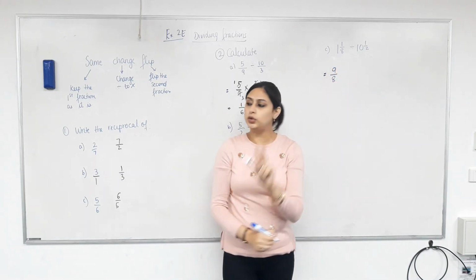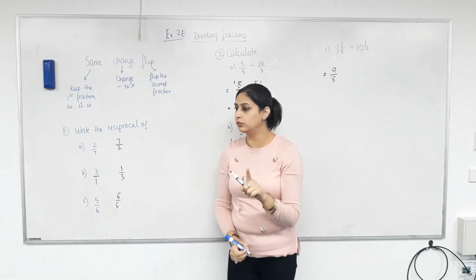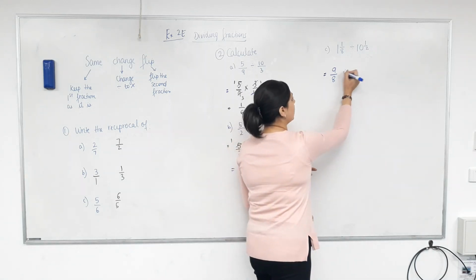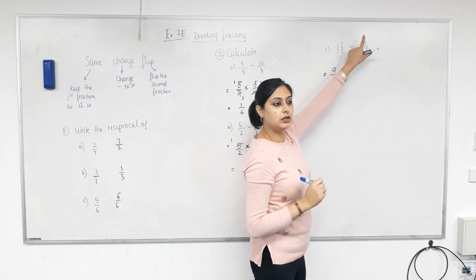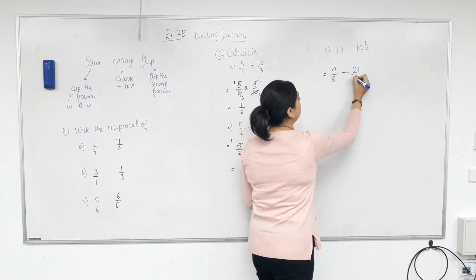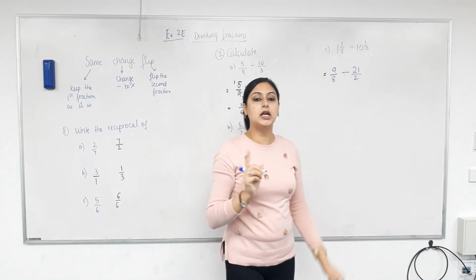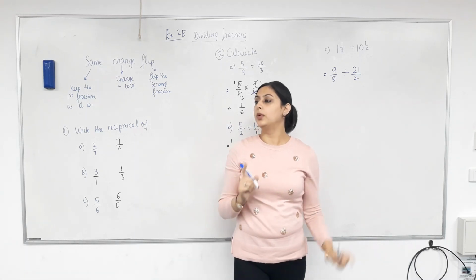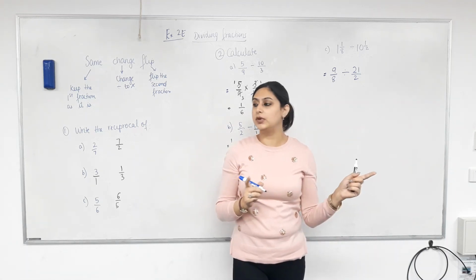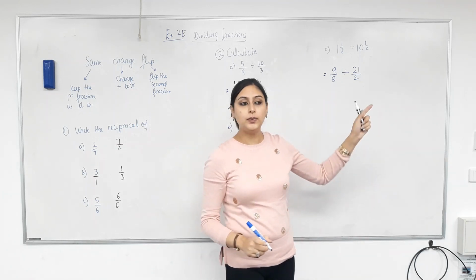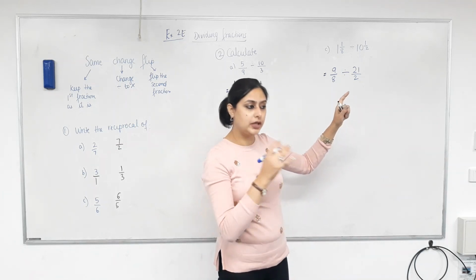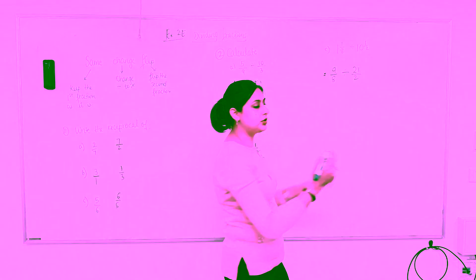Now, do we do two things in one step? No. 10 times 2 is 20, plus 1 is 21. So we only do one thing in a step. We haven't done keep, change, flip in this step. We've only converted our mixed numbers into improper fractions. Is that clear? Now that we've got the improper fractions, we'll do keep, change, flip.